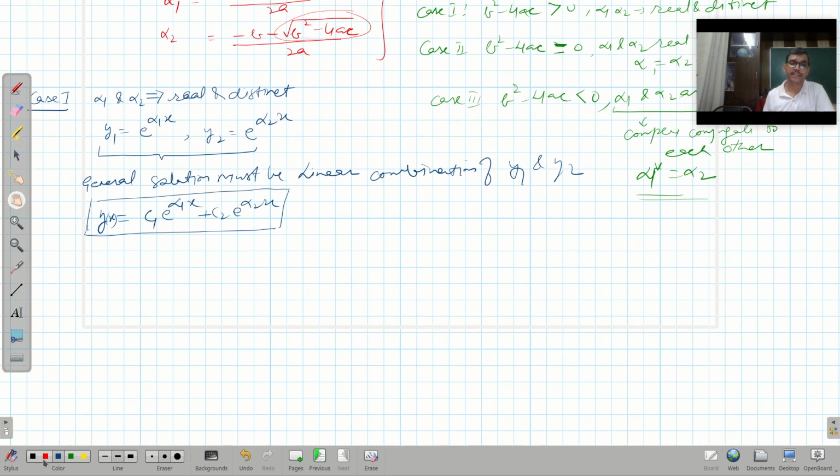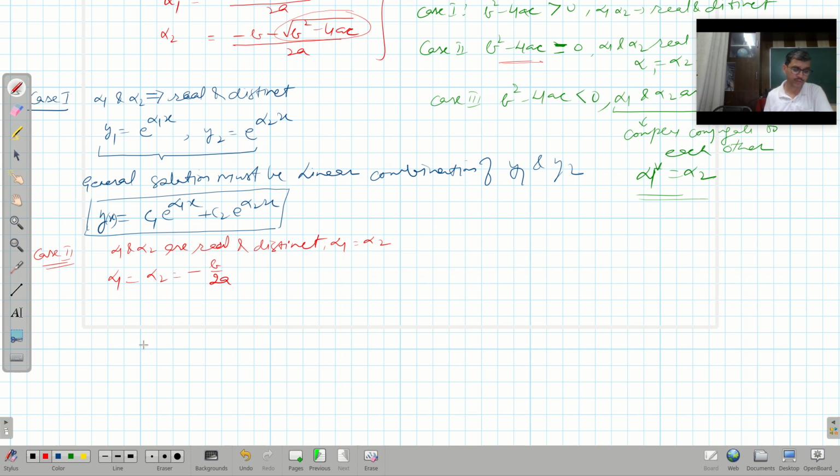Now let me go to the next case, case 2. If alpha 1 is equal to alpha 2, in that case, because this part is 0, I can write alpha 1 is equal to alpha 2, and both are equal to minus b upon 2a.